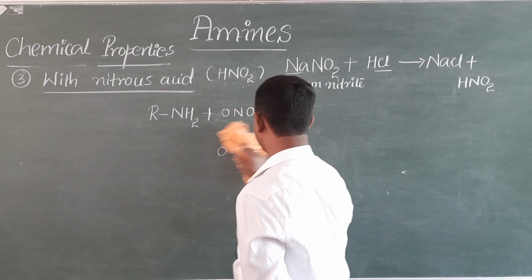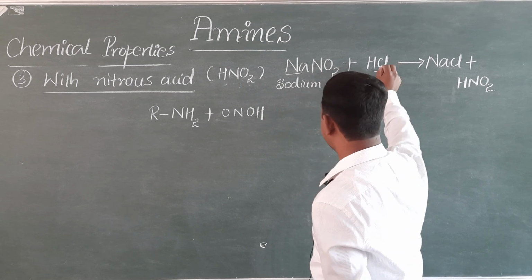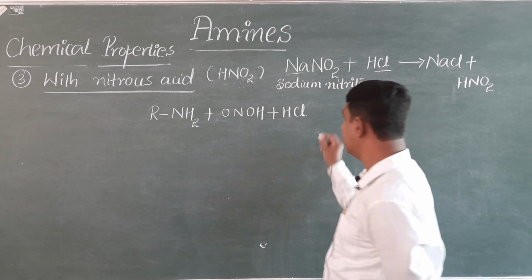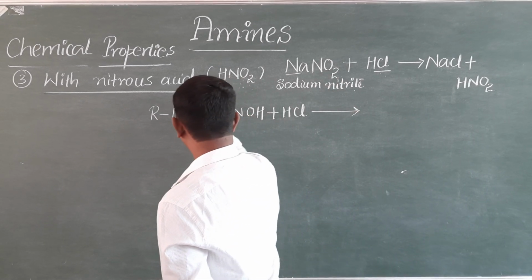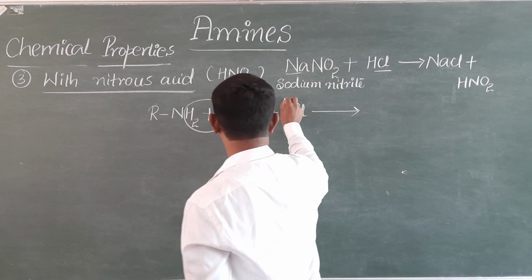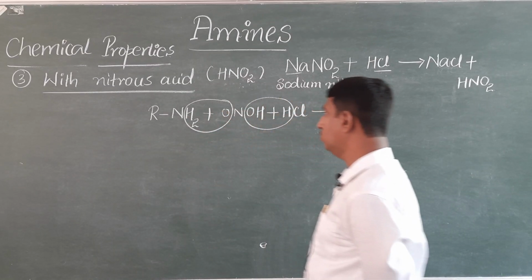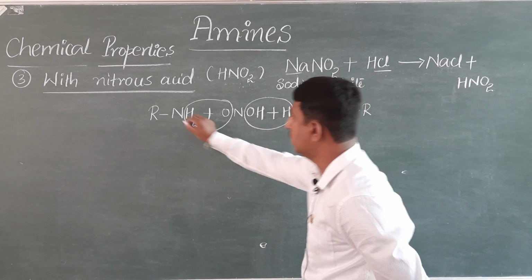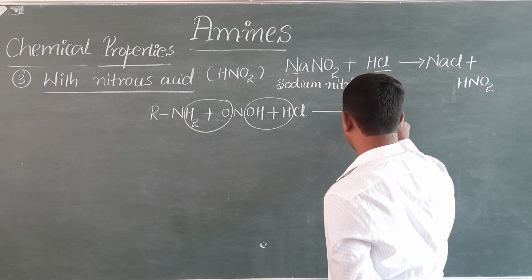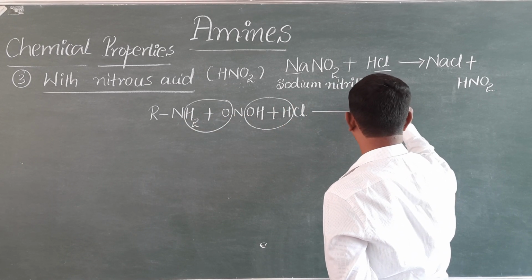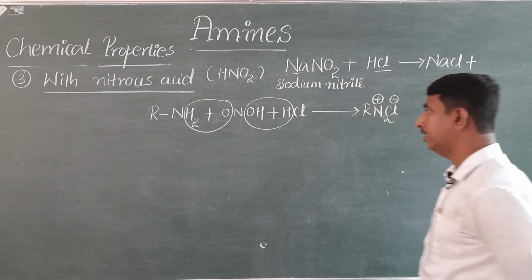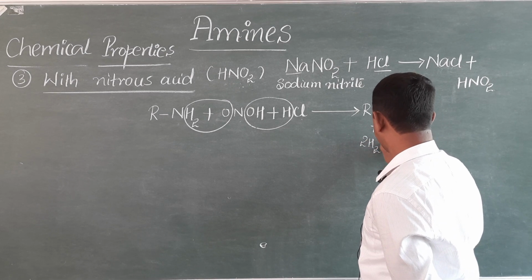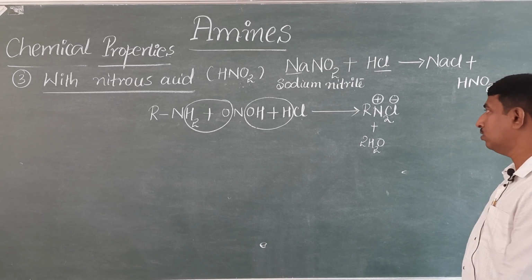It is prepared in acidic medium, so plus HCl. During the reaction, 2 molecules of water are removed. The product obtained is R, N2, Cl minus, that is RN2Cl, plus 2 molecules of water.